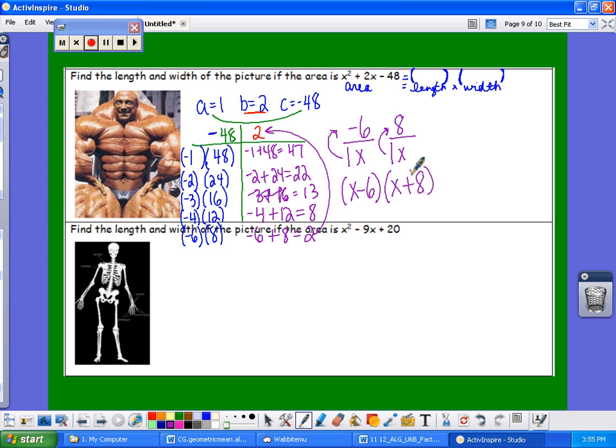All right, so this must be my length, and this must be my width. So you can write them right there if you want. Length equals x minus 6, and the width is equal to x plus 8.